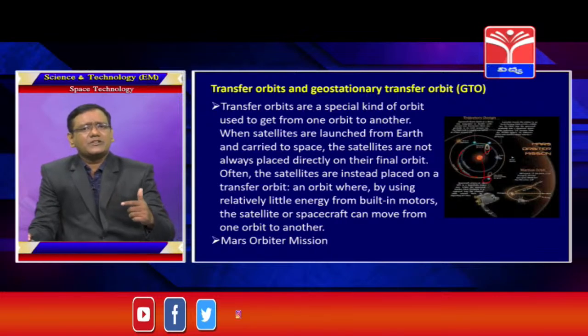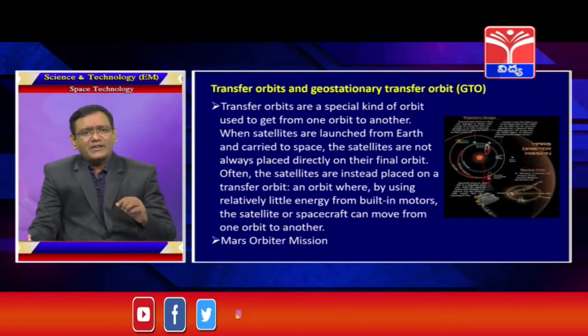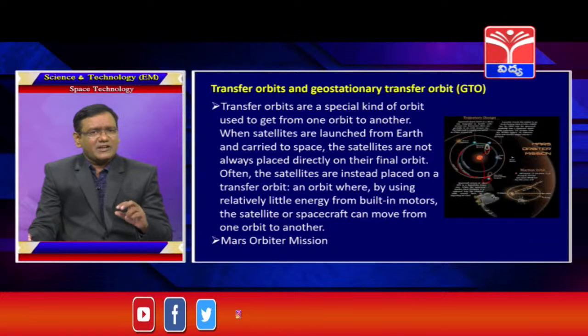Like that, we use these transfer orbits to move from one orbit to another. So often the satellites are instead placed on the transfer orbit, an orbit where, using relatively little energy from built-in motors, the satellites or spacecraft can move from one orbit to another.